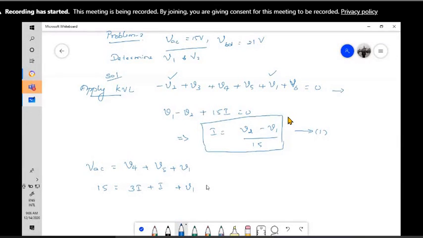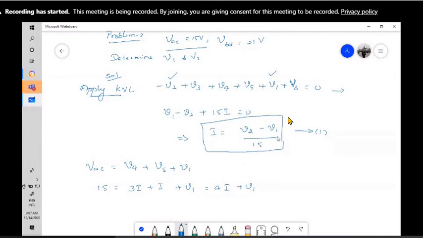Again, this V1 is unknown to us. We need to determine this. And we can now write this equation as 4 times I plus V1.